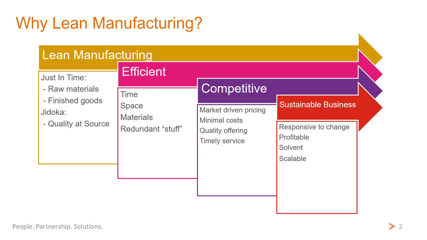This is where lean manufacturing provides the foundation that enables this efficiency, competitiveness, and ultimately a sustainable business. Lean manufacturing relies on principles such as just-in-time with regard to raw materials and finished goods, and also JIDICA for quality at source, which builds for the efficiency required.